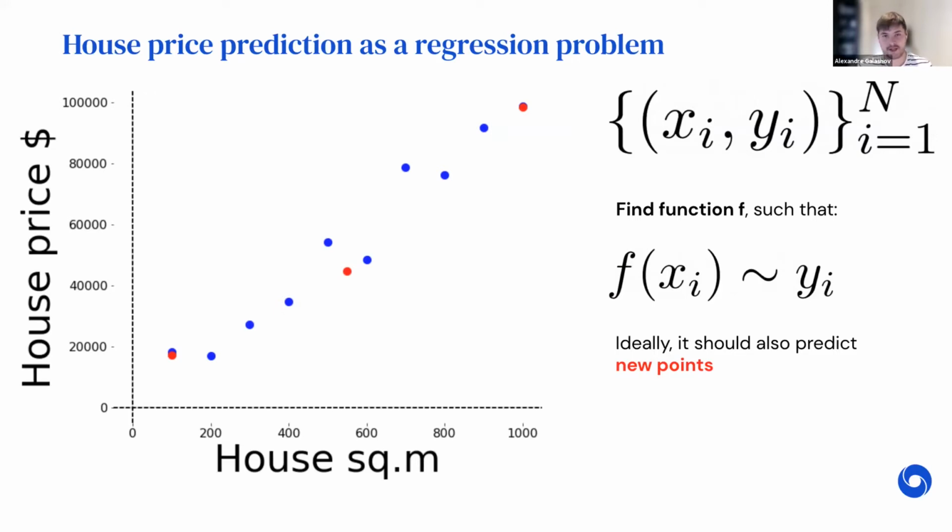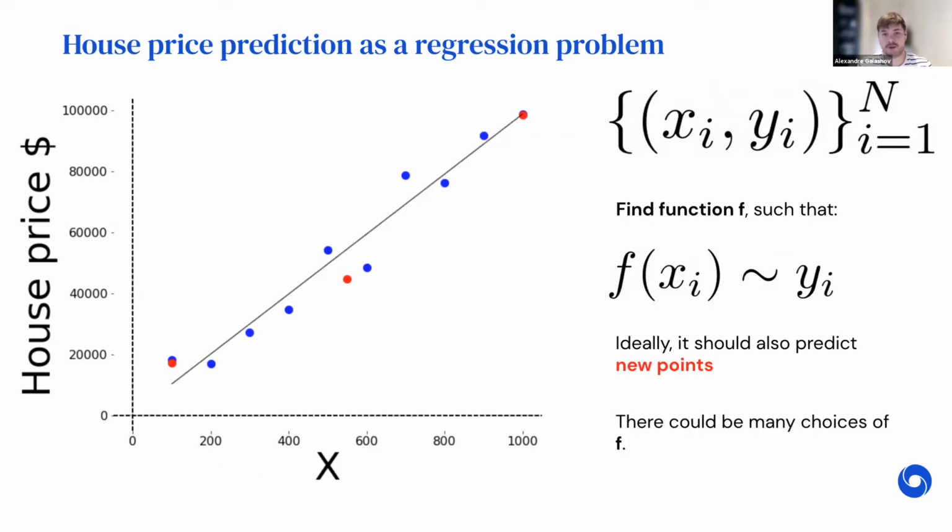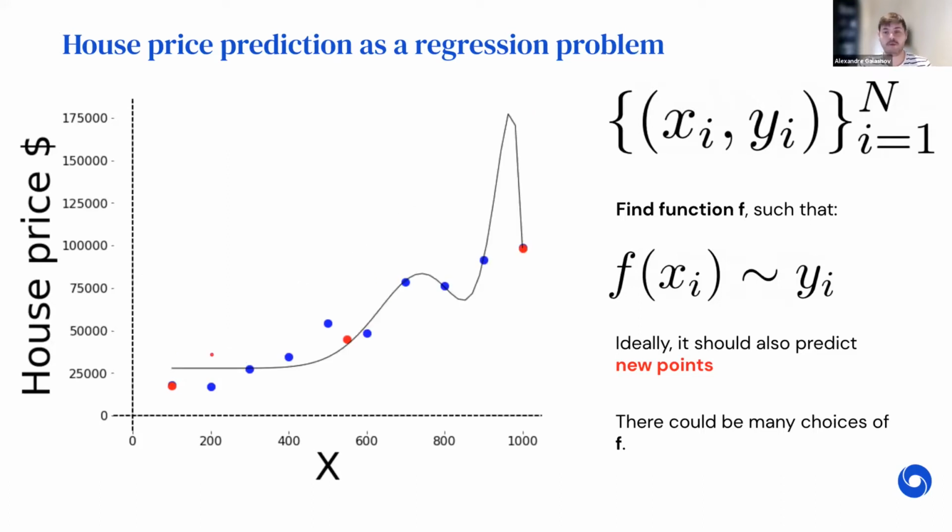If you think about what kind of functions we can draw here, there could be multiple choices. It can be a straight line like this, which for a given x will give you a value which lies on this line. It can be a more complicated function like that. But our objective is just to have a function which, for a given x, which is house size, gives us the price of this house.